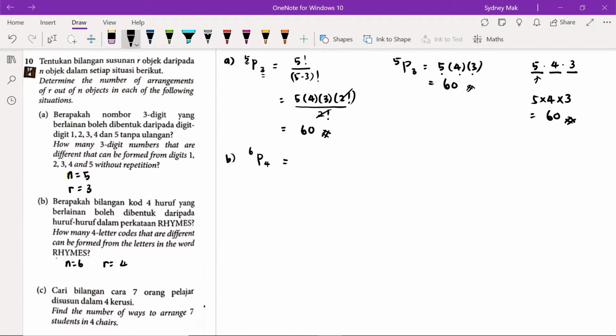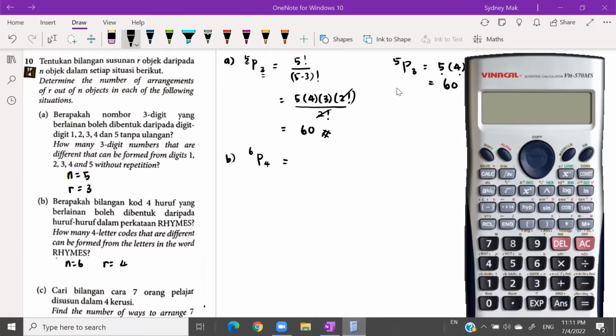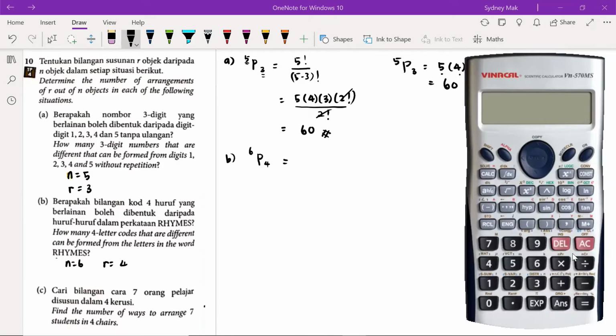This round, let's show how we do it in the calculator. We put in 6P, so shift, press the multiplication button because on top of it is the permutation symbol, then 6P4. We got the answer 360.